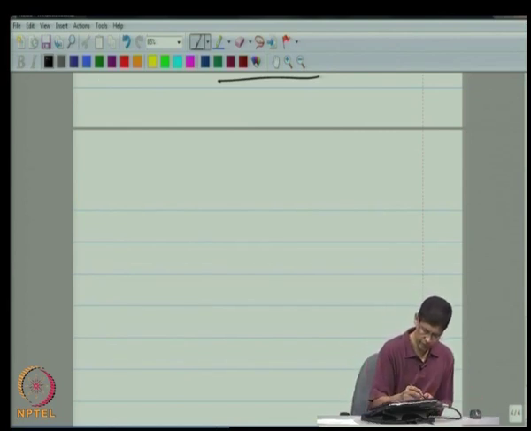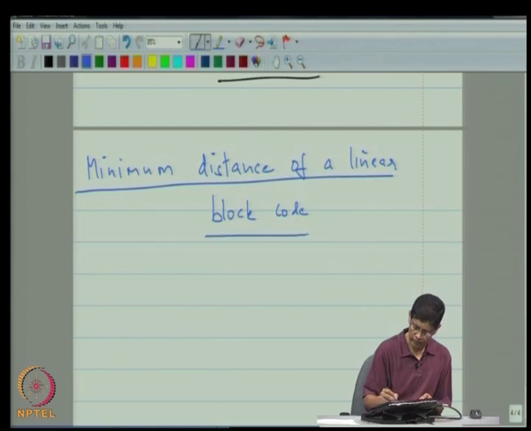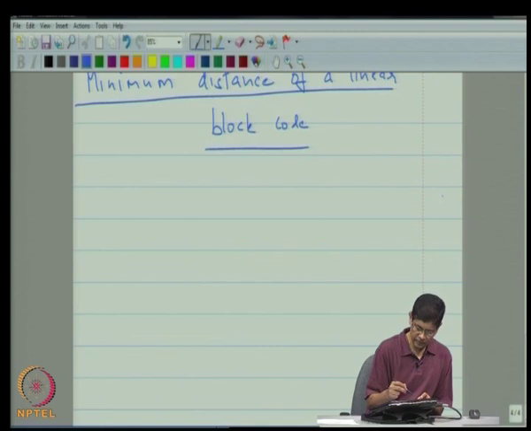So, the minimum distance of a linear block code. And we will begin straight away with a theorem.